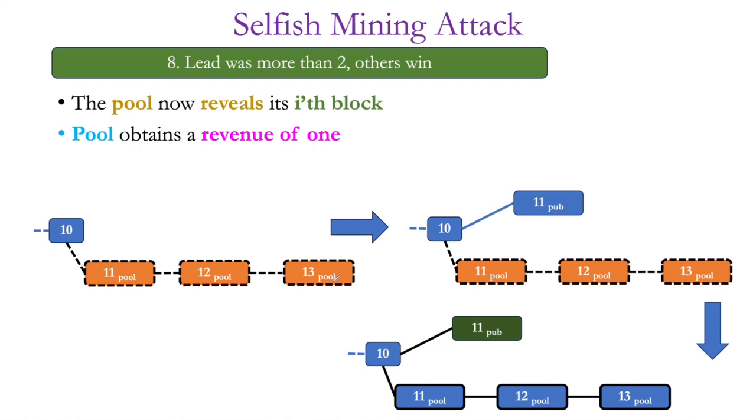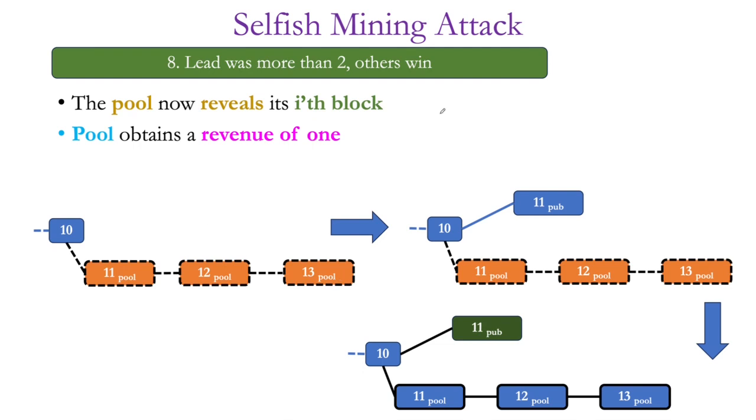So based on this concept, they calculate the revenue of the pool and of the honest miners from the state probability and the transition frequencies. How the revenue will be computed is addressed in this paper.